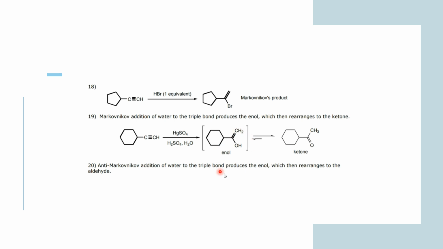But this enol will not be a stable form of this compound, because this oxygen atom lone pair is continuously in conjugation with this carbon carbon double bond. So it quickly rearranges to its keto form. By keto-enol tautomerism, the product obtained in this reaction will be converted to ketone quickly. So the major product formed in this reaction is this ketone.